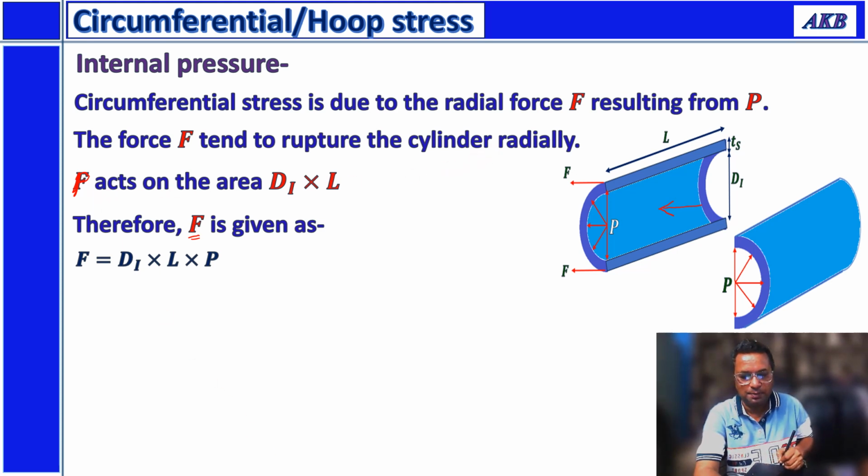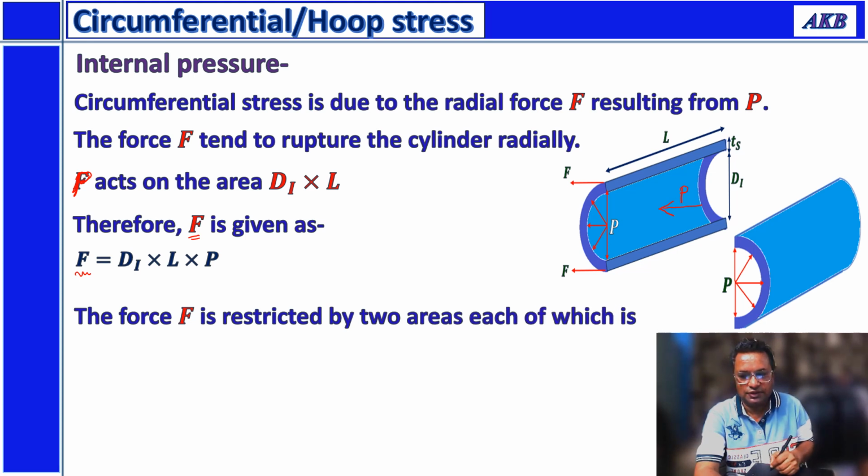Pressure P is acting on the area Di into L, in the radial direction, and for its action the area available will be L into Di, and due to this we get force F. So force F will be given as Di into L, that is the area on which P is acting, into P.